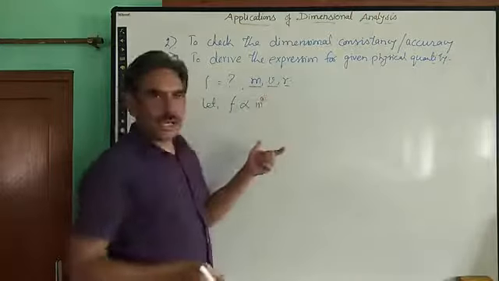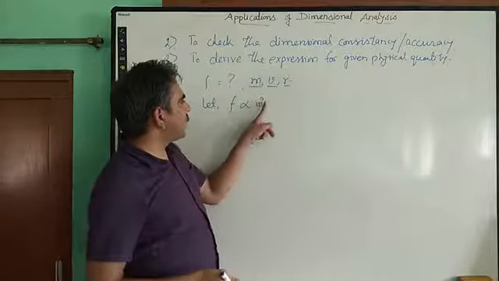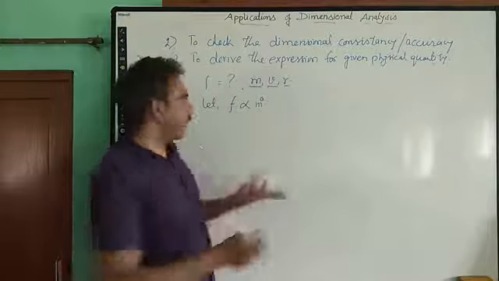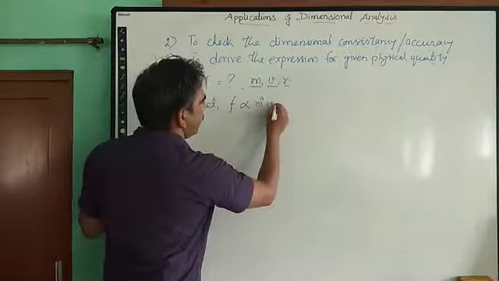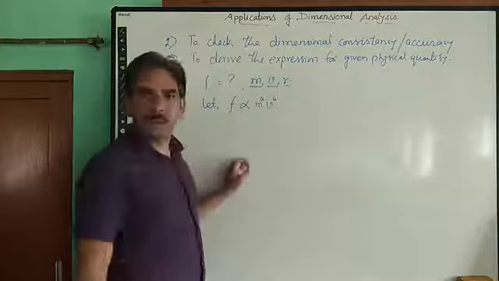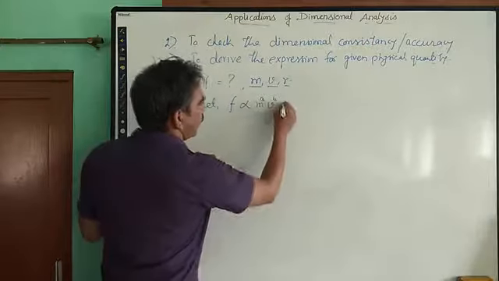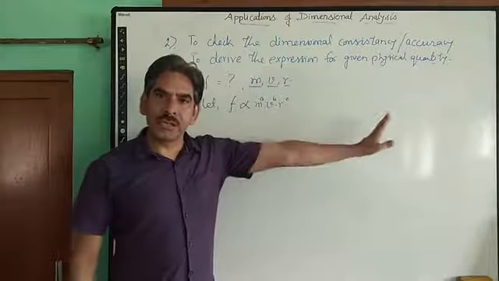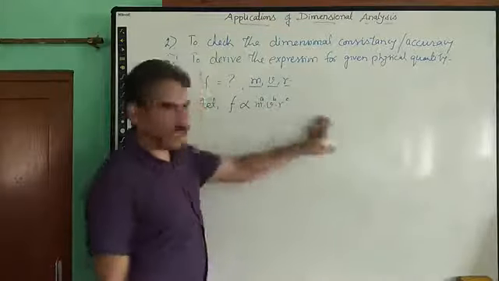We don't know anything about the dimensions of m, v or r. So we take the powers of m to be a, of v to be b, and of r to be c. If we have more quantities, we also represent them in this manner.